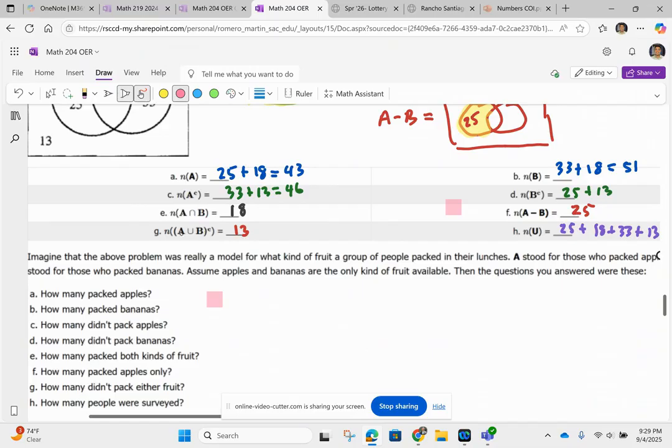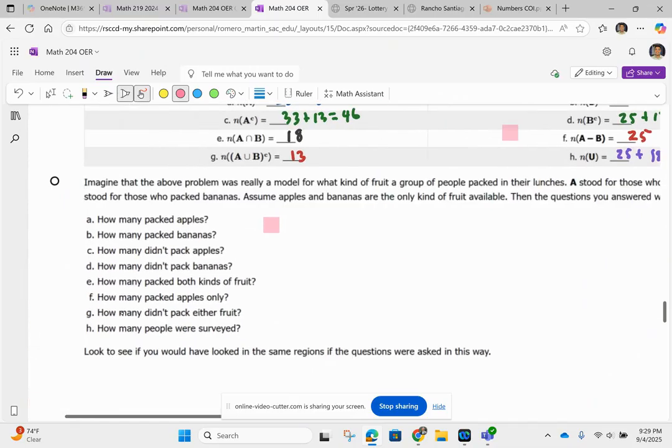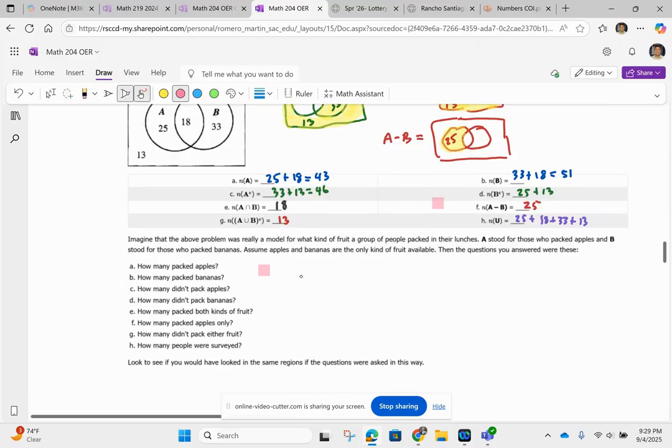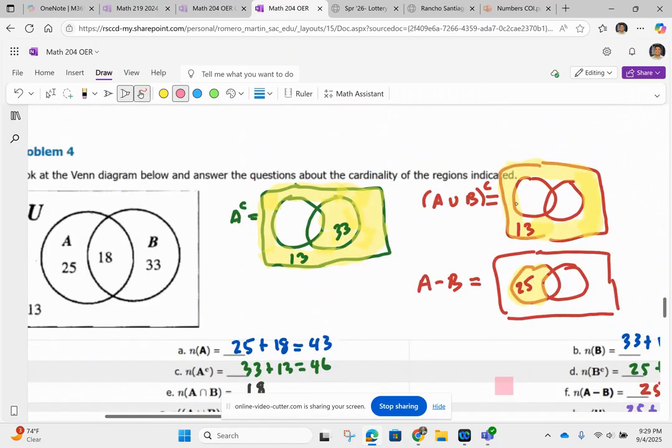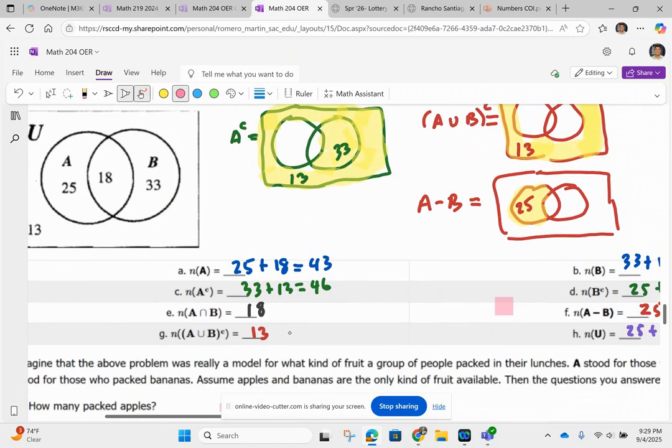This one here, G, which is how many didn't pack either fruit. That means A union B are all the people who packed fruit. The complement is everyone who didn't pack fruit. Remember that complement is all the values not in that group. And so you could see that would be 13. That's where I got the 13 there.